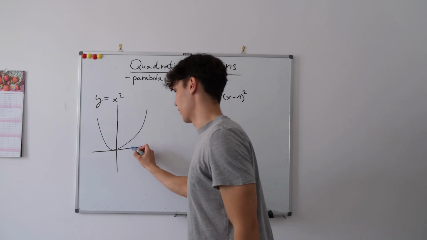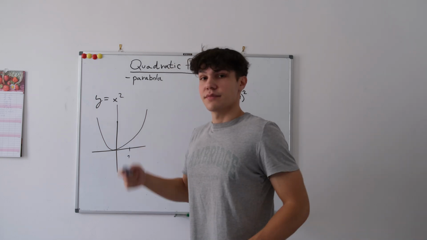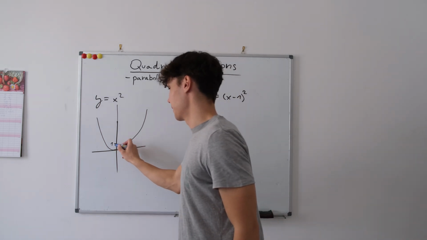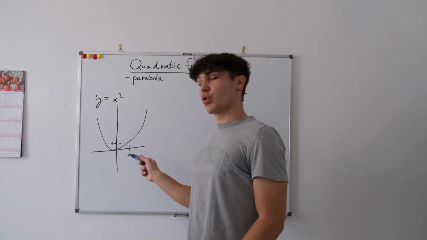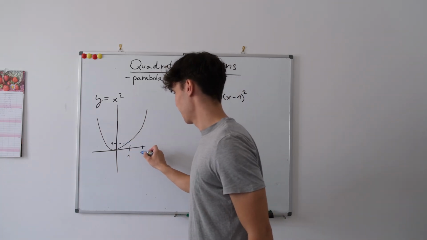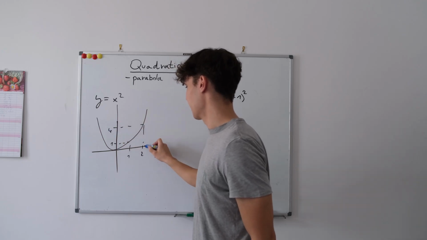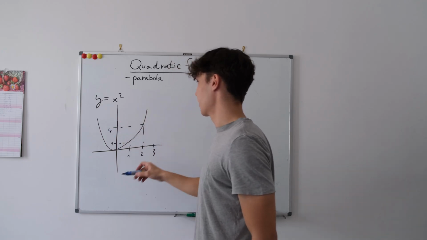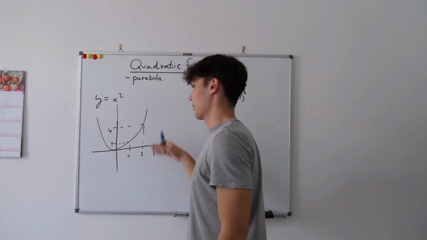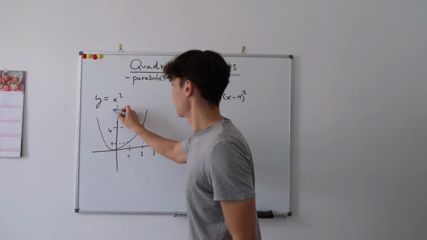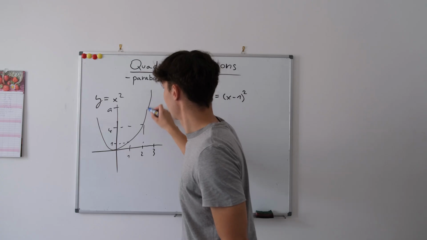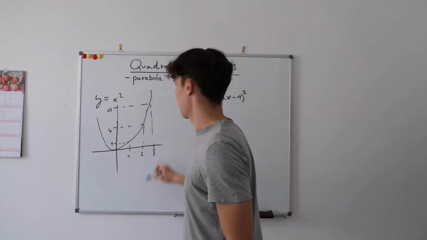So if we take 1, for instance, 1 squared, that's going to be 1. 2 squared, that's going to be 4. And as we go on, it simply goes up, right? So for example, 3 squared, that's going to be 9. Cool.